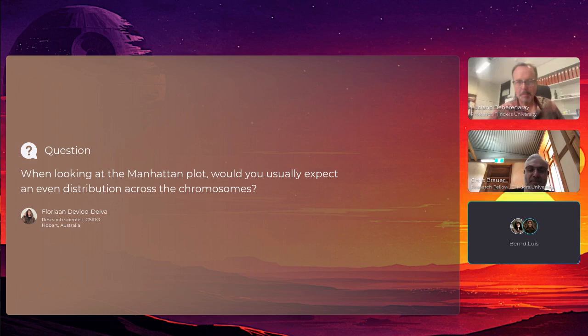No. I guess in most cases, at the level of both the data we're using and the scale of the systems, you're usually looking at broad environmental variation.